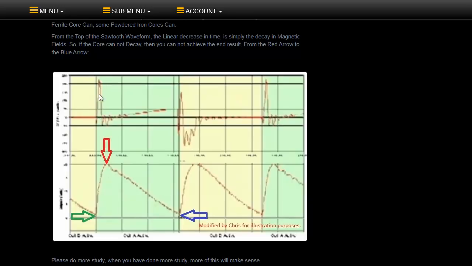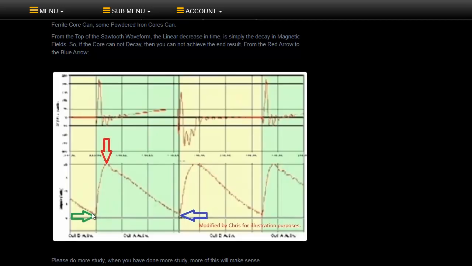If we were to draw a line all the way down here, you'll see that the input is at its peak well before the output's at its peak, which is the red arrow. Then the input is switched off, and if you draw a line down again, the switch-off point is slightly before the peak of the output.